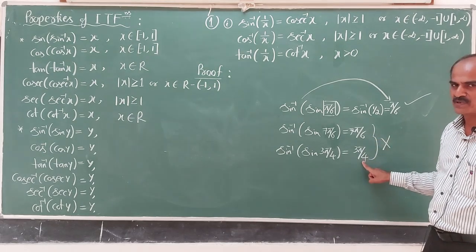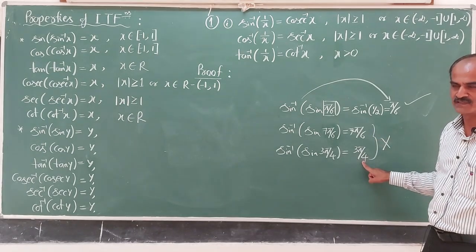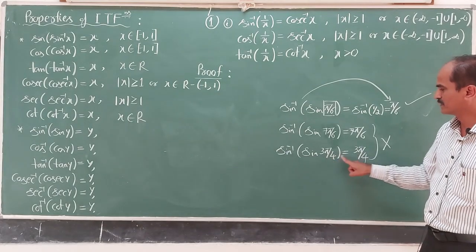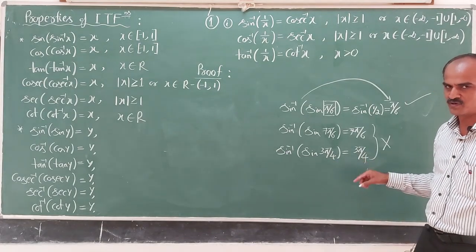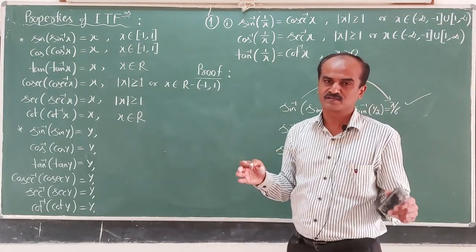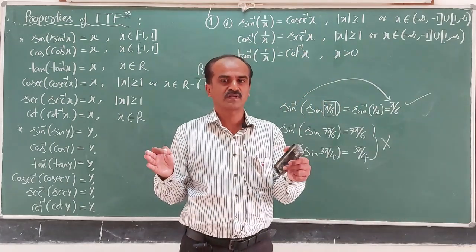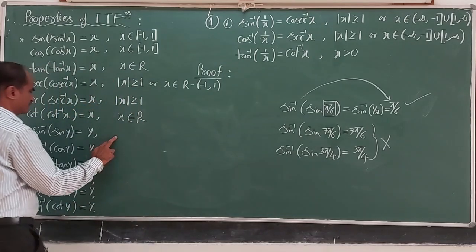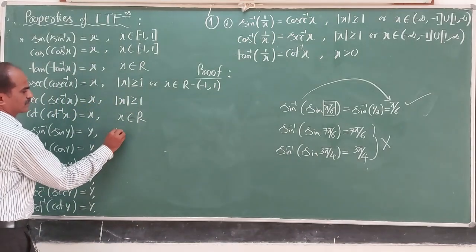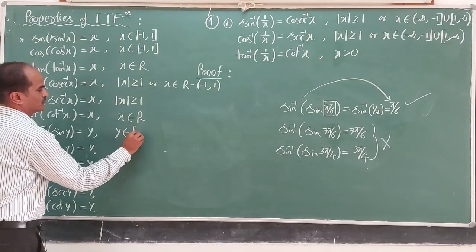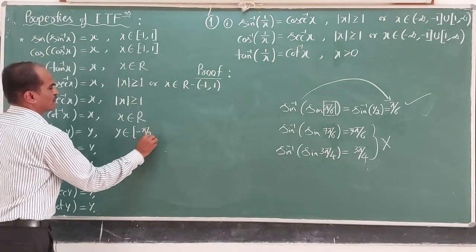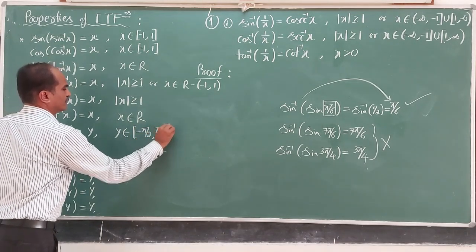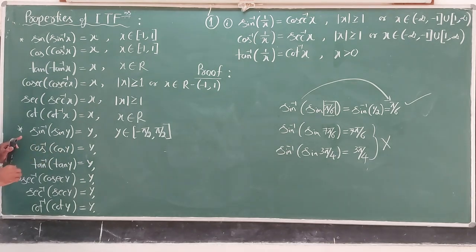As well 3 pi by 4 is not lying in this interval. So sin inverse of any real number cannot be equal to that, because the principal values of sin inverse are minus pi by 2 to plus pi by 2. So the restriction for this property is y must belong to the range of sin inverse. Then only this property can be applied.